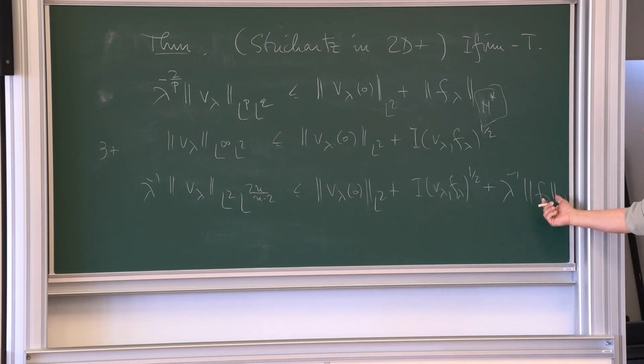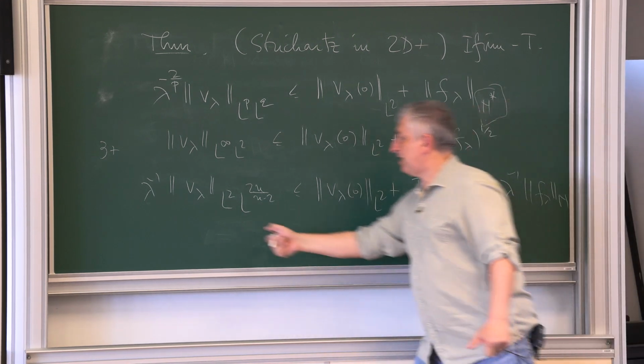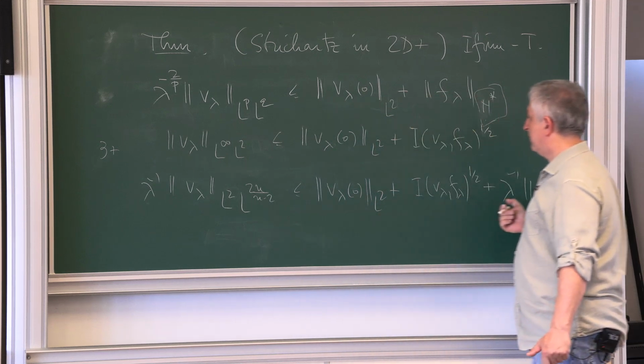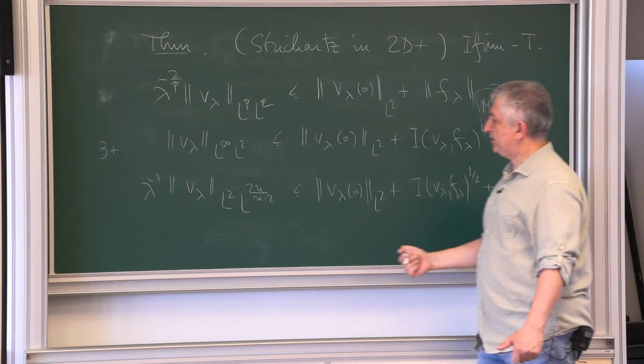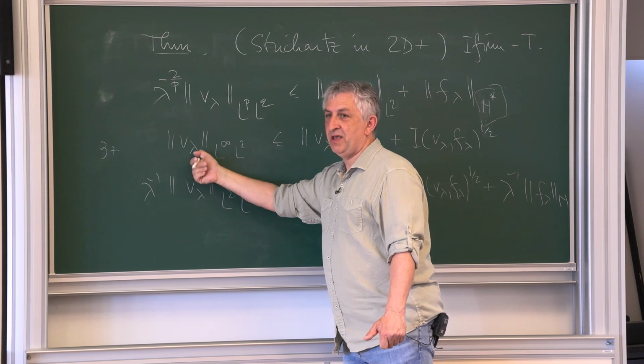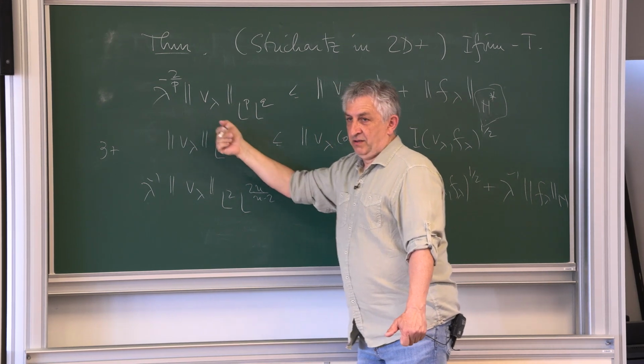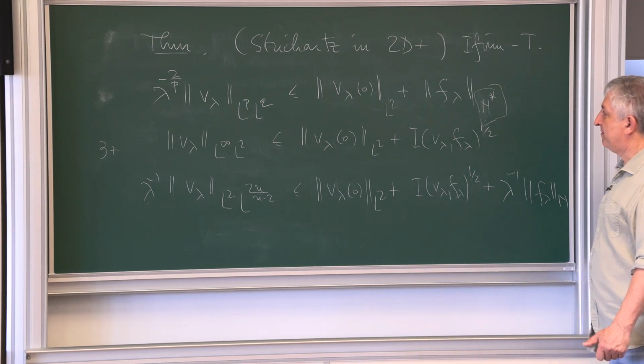So this is where we need to estimate our source terms. But our source terms, we need to estimate them more carefully only in the setup where we have a loss of one derivative. So we have a loss of one derivative at the endpoint. We have a loss of no derivative of the energy estimate. And this, by interpolation, gives us this intermediate loss for the intermediate norms.